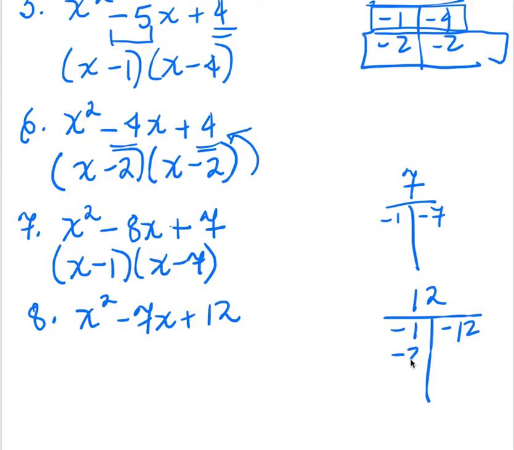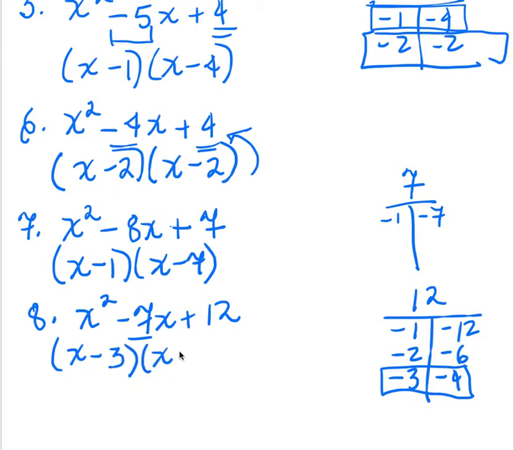That doesn't do it. Negative 2 and negative 6, well, that's negative 8. I'm getting closer, but that's still not it. Negative 3 and negative 4. Okay, ding, ding, ding. This is the combination that's going to work because that will combine into negative 7 in the middle term. So this is going to factor into x minus 3 times x minus 4.